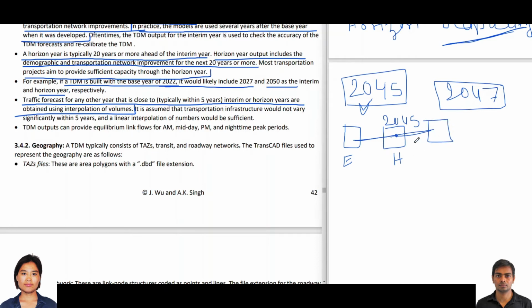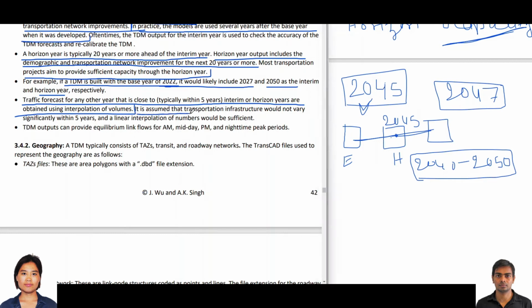So one assumption for linear interpolation: let's say anywhere between 2040 and 2050, if we need this volume forecast for any years in between, 5 years minus and 5 years plus from 2045, we will just linearly interpolate the growth rate.